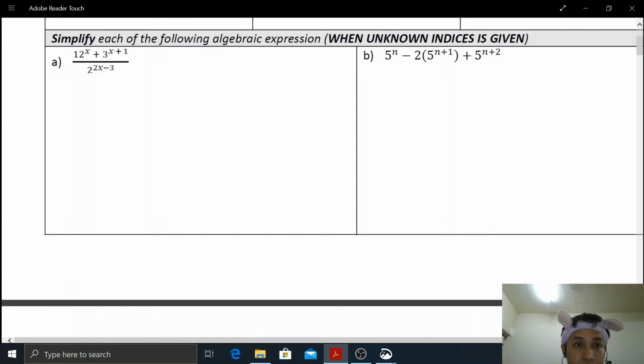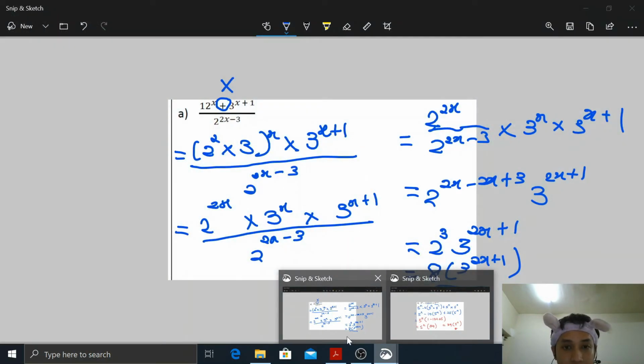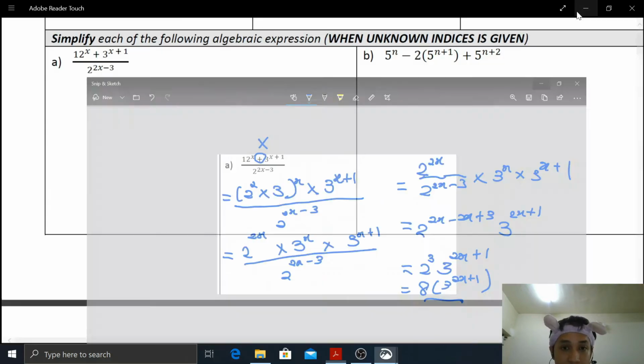For example this one, 3 to the power of x plus 1, you need to change it into 3 to the power of x multiplied by 3 to the power of 1, like what I did here just now. So that is how you do simplification for indices.